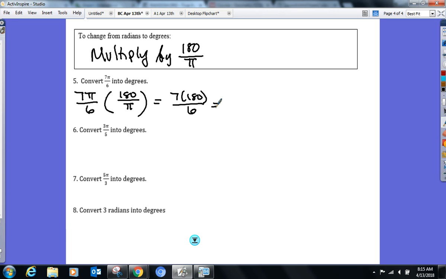And that'll be an angle measure of 210 degrees. So 7 pi over 6 radians is equivalent to 210 degrees. And then you guys are kind of going through, looks like 6 and 7 on your own.